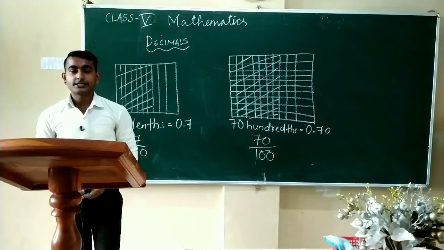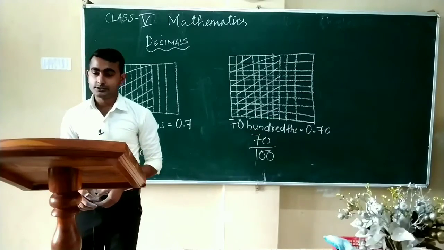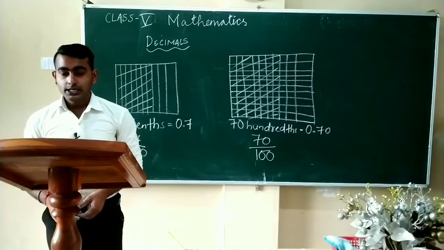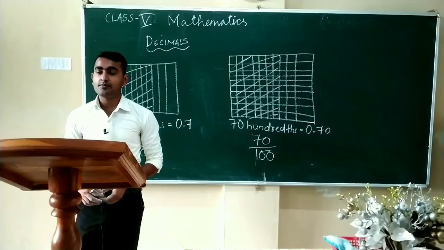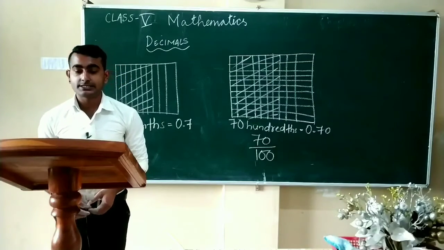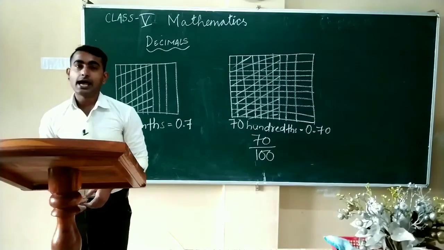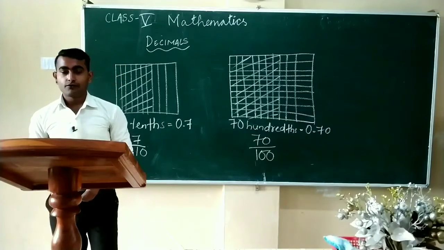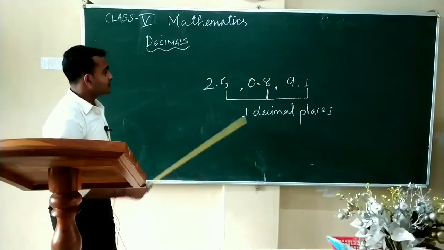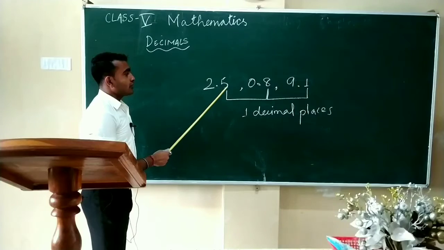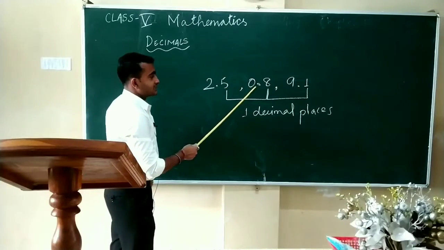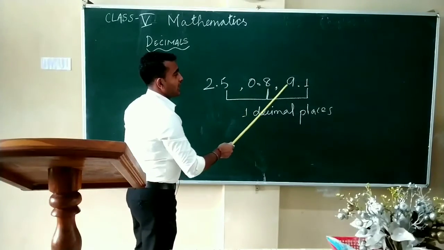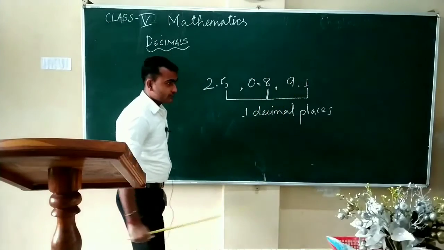Now, like decimals and unlike decimals. Decimals having the same number of decimal places are called like decimals. For example, 2.5, 0.8, 9.1.